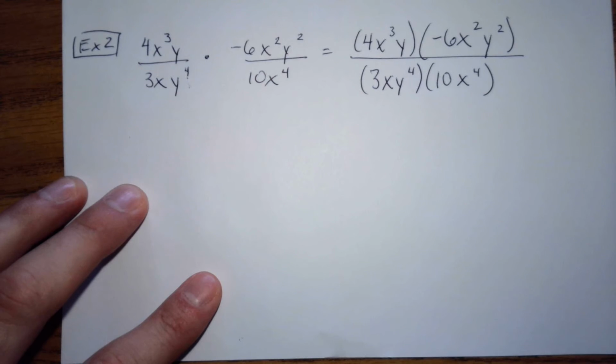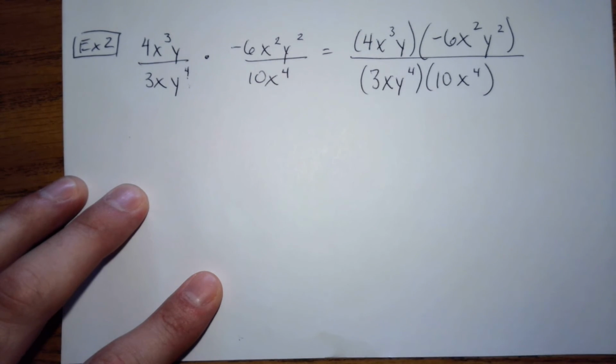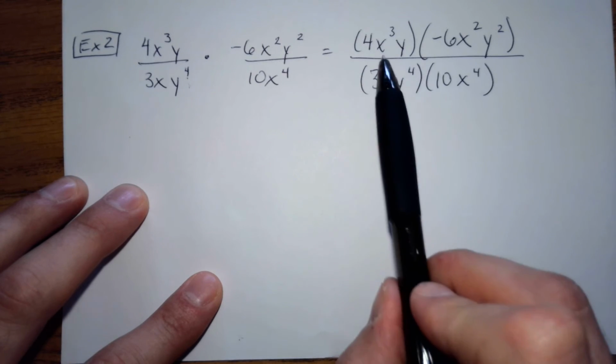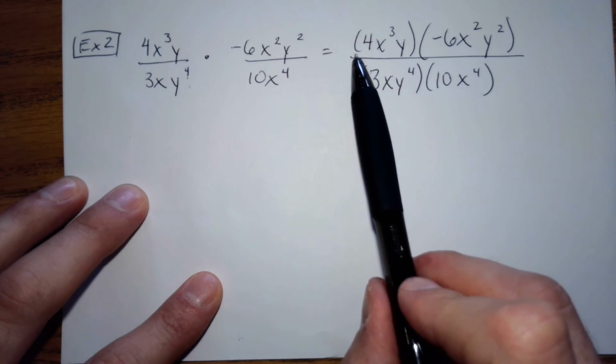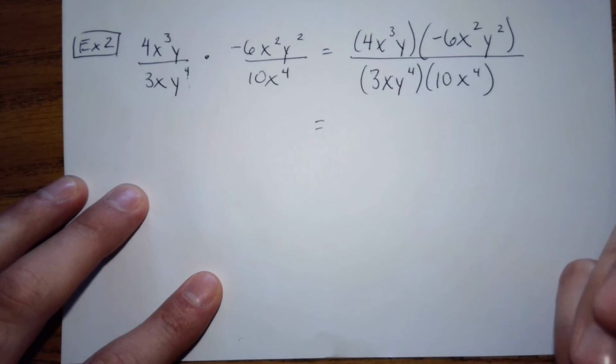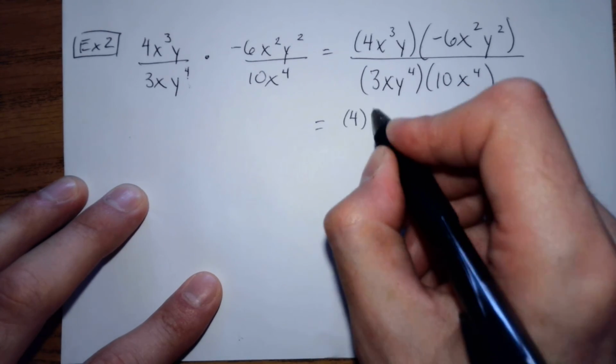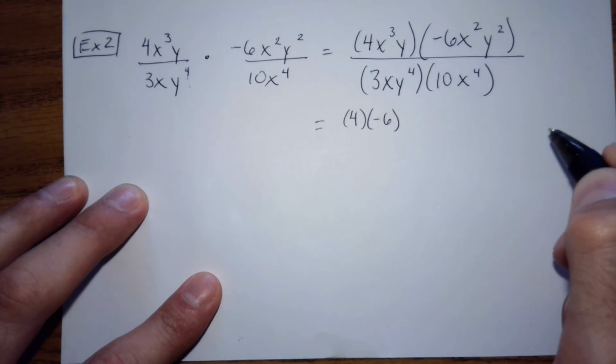For some people, I think it'll be easier to write out instead of x cubed, just x times x times x. I'm going to do all of that. In fact, these are all multiplication. So really what I'm going to try and do, I'm going to put the 4 and the negative 6 next to each other.